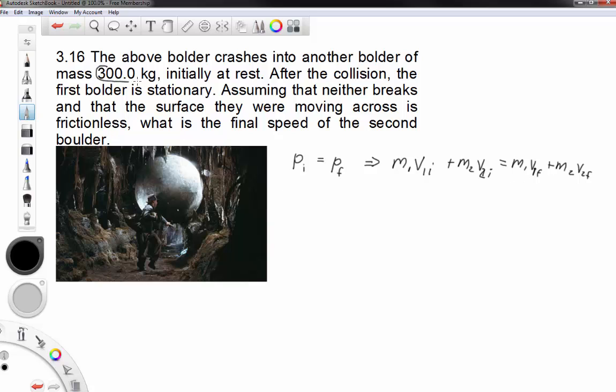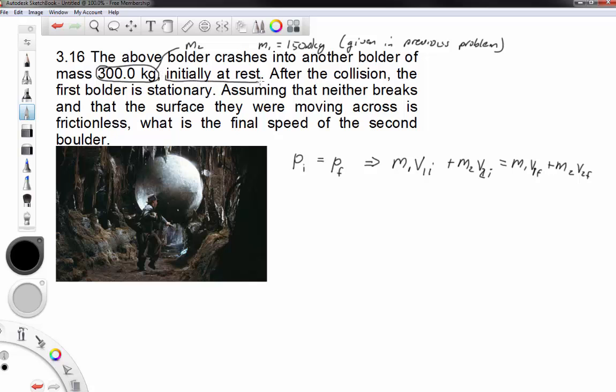All right, so now we read some things here. So this right here, 300 kilograms, is the mass of boulder 2. Mass of boulder 1 is 150 kilograms. That was given in the previous problem.